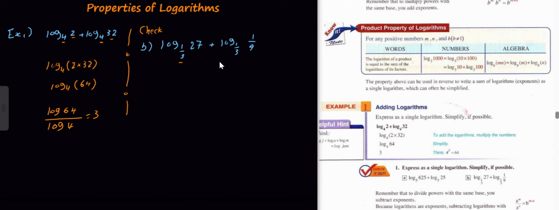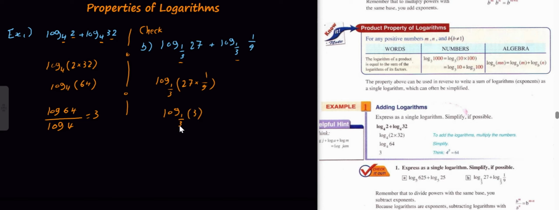As you see, our bases are equal, so we can multiply the numbers. Log base 1 over 3 of 27 multiplied by 1 over 9, it will be 27 divided by 9, which is 3. So we have log base 1 over 3 of 3.